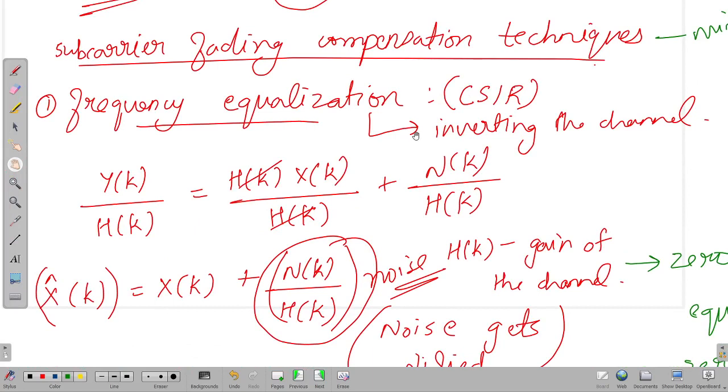Then you have pre-coding, where the transmitter needs to have knowledge about channel state information, and also adaptive loading, where the channel state information needs to be known at the transmitter. So frequency equalization is the most popular, mainly because only the receiver needs to know the channel state information. Okay, that's all for today.